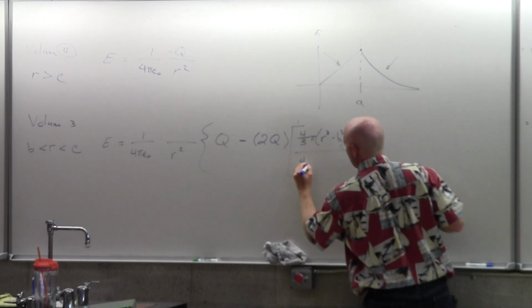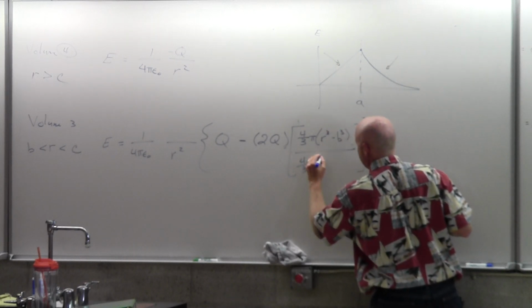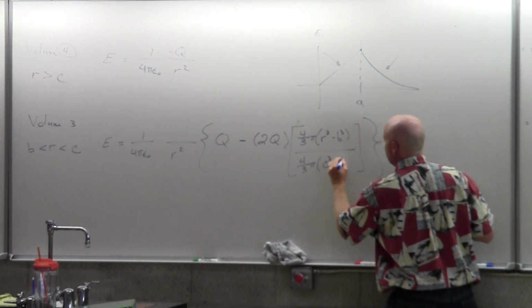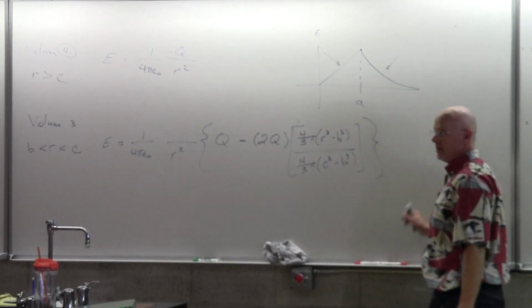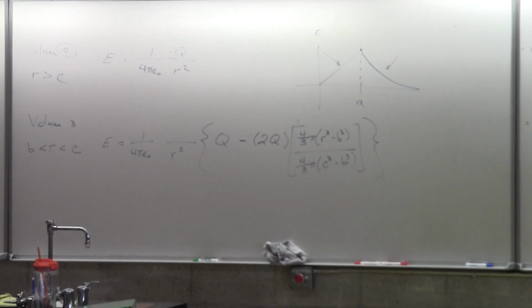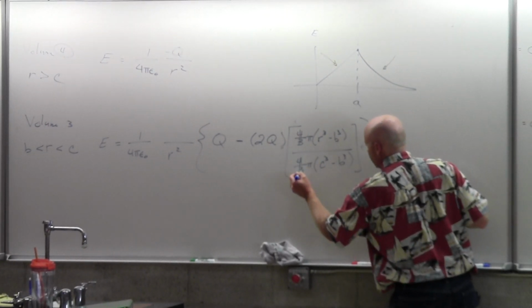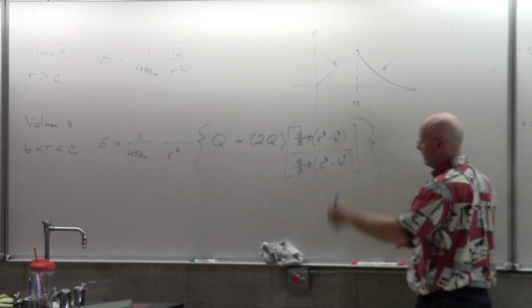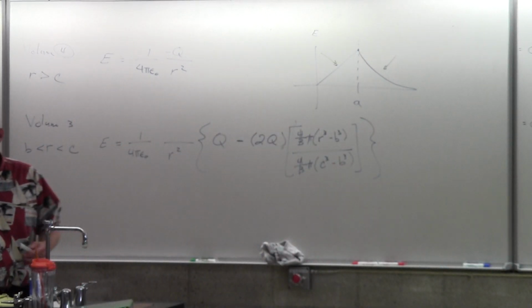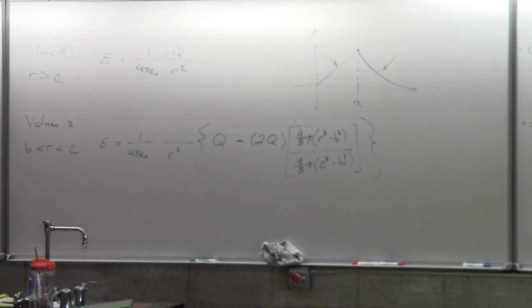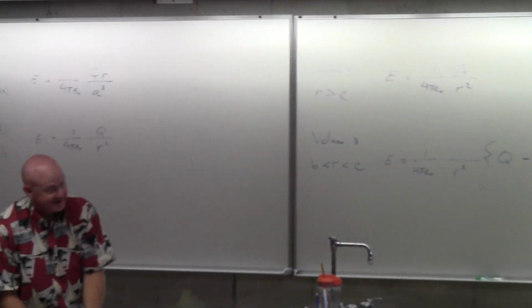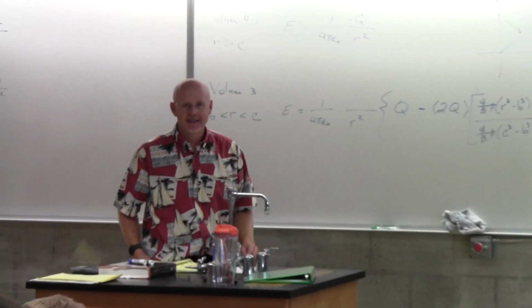The whole volume would be 4/3 pi c cubed minus b cubed. And so there would be my charge inside. And fortunately, a lot of things simplify, and it can look a lot better than that, but we're out of time there. But that would certainly be an advanced problem. What is the electric field? Everywhere.